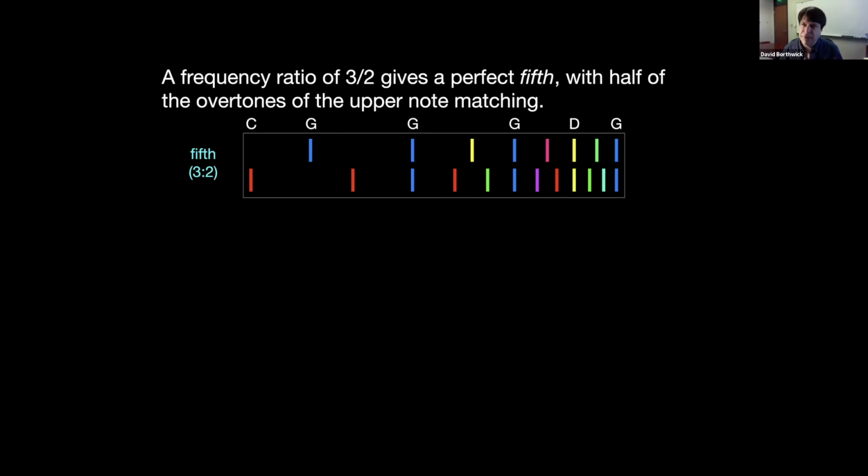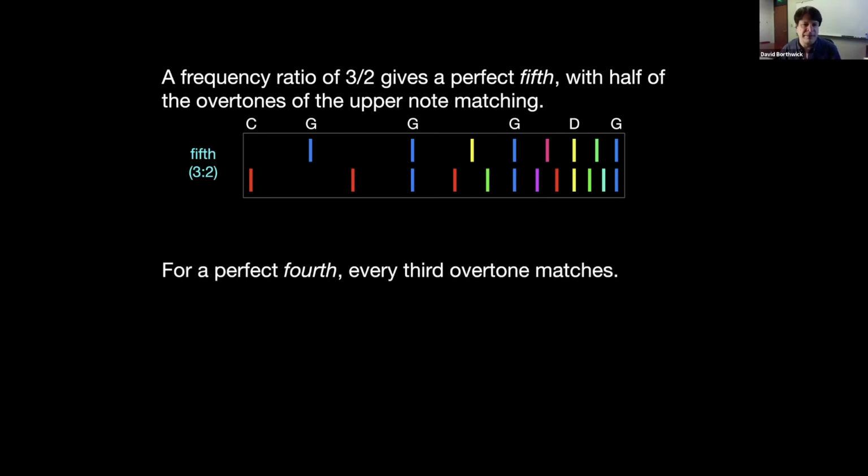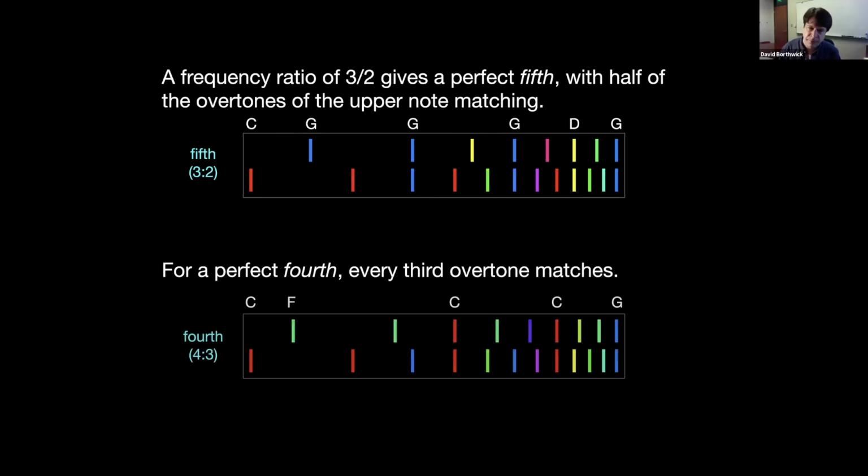Perfect fourth means that every third overtone from the upper note is contained within the overtone series for the bottom note. So that's noticeably less overlap than the fifth. The fourth does not sound as consonant as the fifth because the overtones don't line up quite as much.